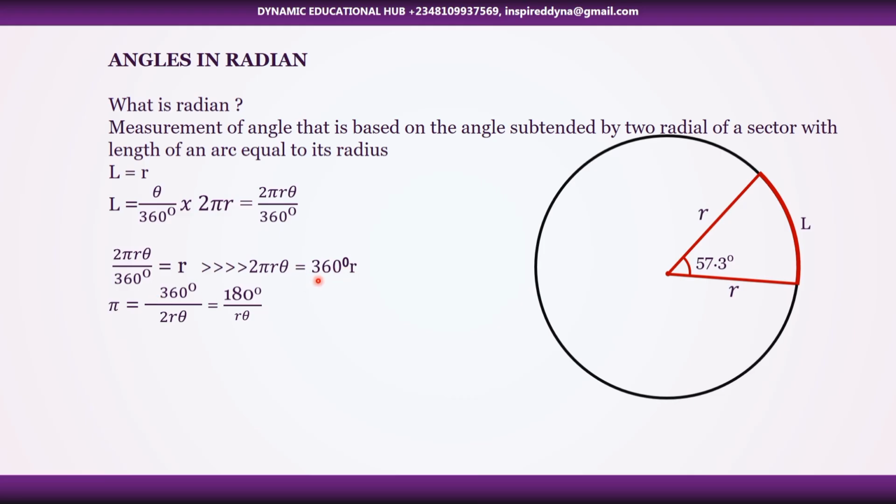You can divide 360 degrees by 2, and we have 180, and then we have r theta. Which means that pi is equal to 180 over r theta.